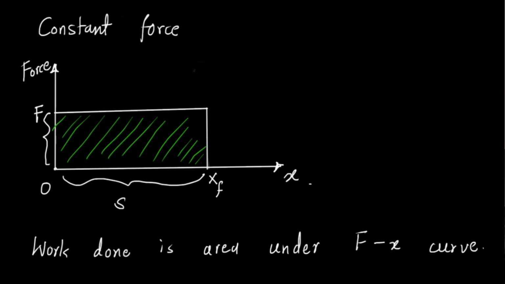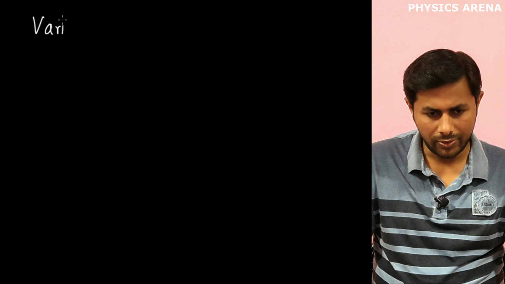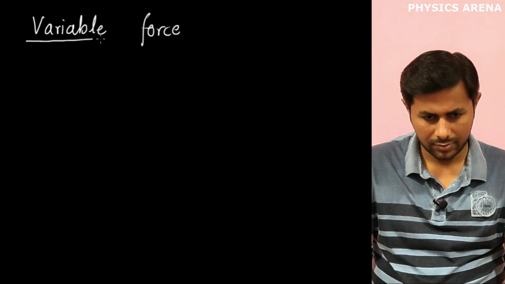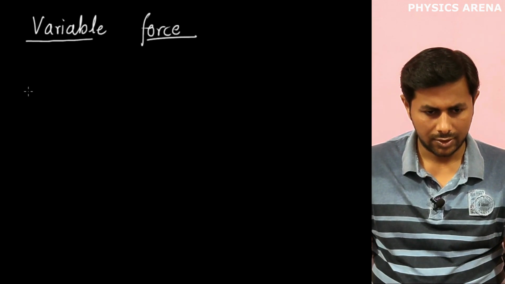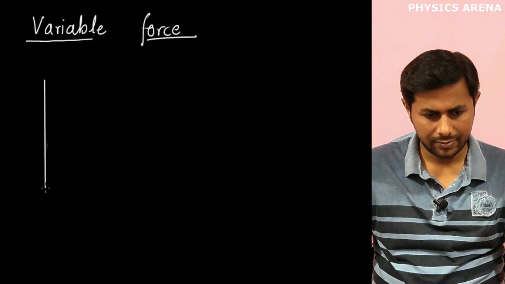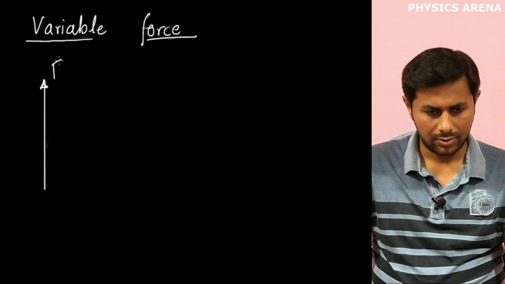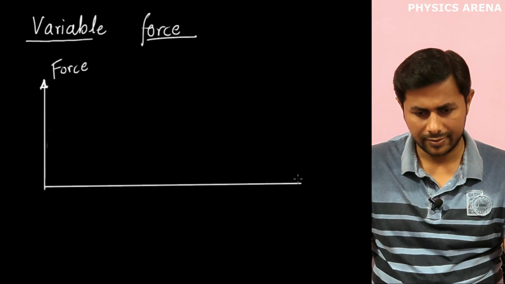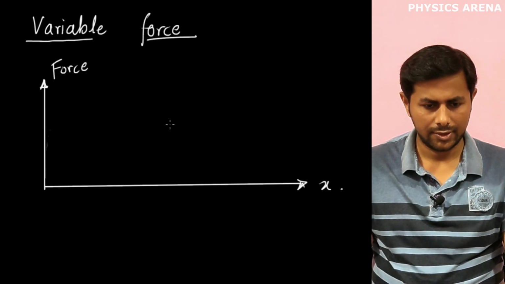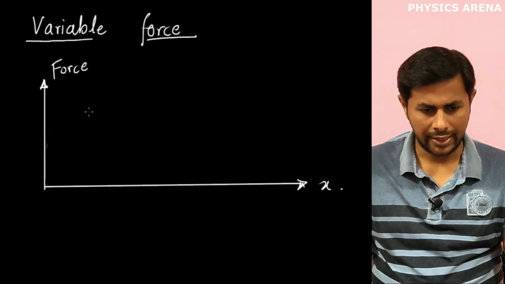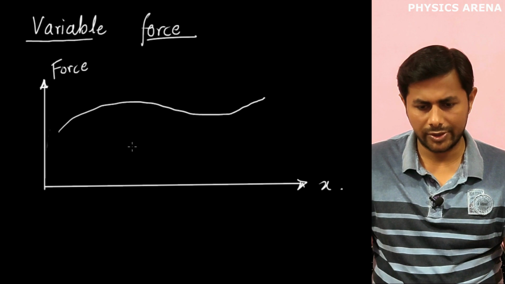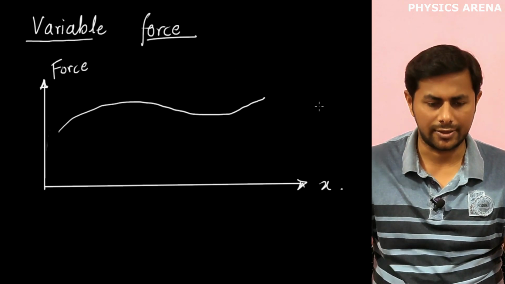Now let's draw the graph for a variable force. So for a variable force, again force on y-axis, and position on x-axis, and for variable force, this graph between the force and position will look something like this.